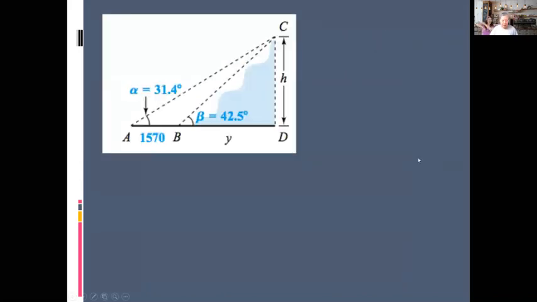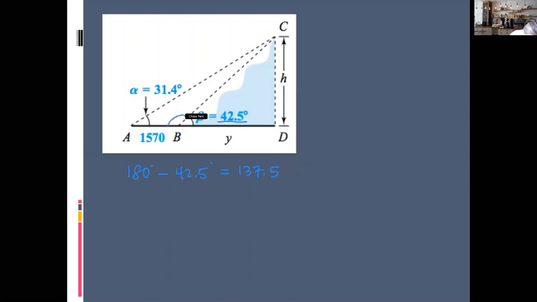Okay, now, as I said, we can go ahead and find the angle measure right next to the angle beta, because this is 42.5. If we subtract that angle measure from 180, it gives us the measure 137.5 as the angle next to it.